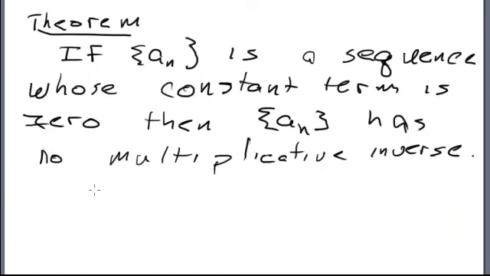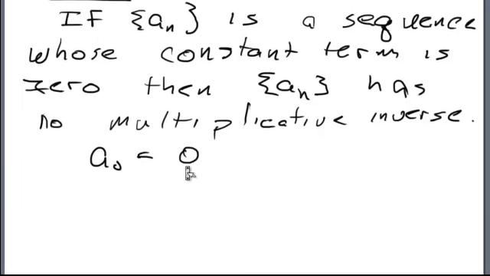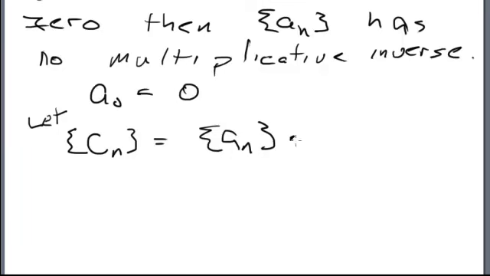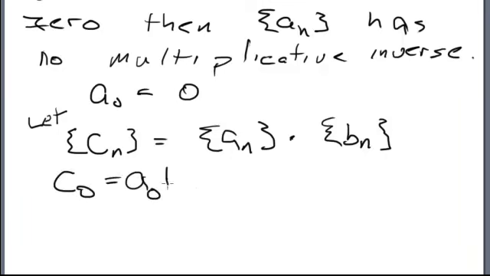So we have a_n, and we know that a_0 is equal to 0 by the hypothesis. We're just going to let c_n equal our sequence a_n times an arbitrary sequence b_n. So we know that c_0 is equal to a_0 times b_0, which is equal to 0.